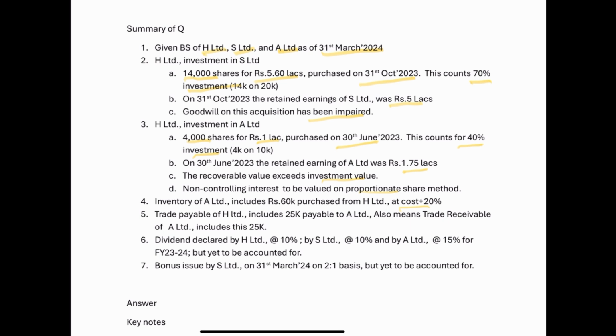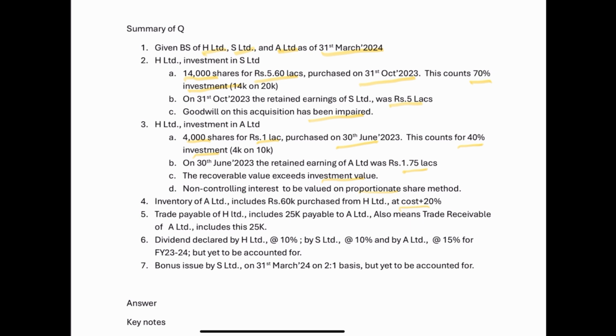The fifth point is that the trade payables of H Limited include 25,000 rupees payable to A Limited, which means the trade receivables of A Limited include this 25,000 rupees. When we do the consolidation, let's see whether any elimination is required.